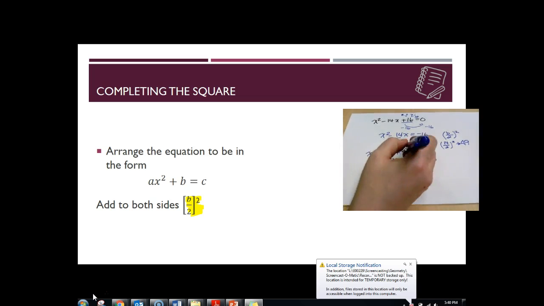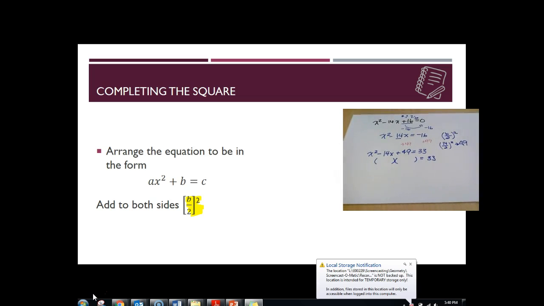Well, my options for 49 are limited to 1 and 49 and 7 and 7. Obviously, 7 and 7 would add to 14. So I'm going to go with x minus 7, x minus 7. That should work out exactly like what I want, because the way that I designed it, by adding the 49 to both sides, was to create a perfect square.